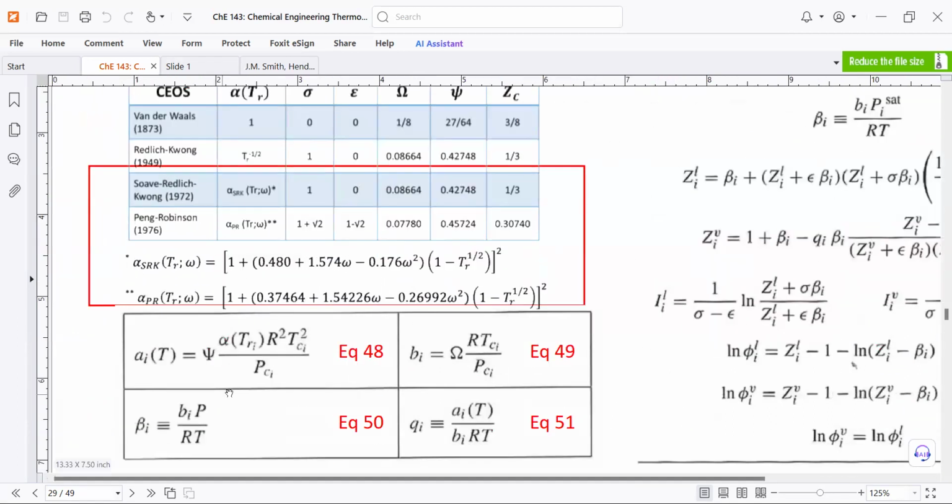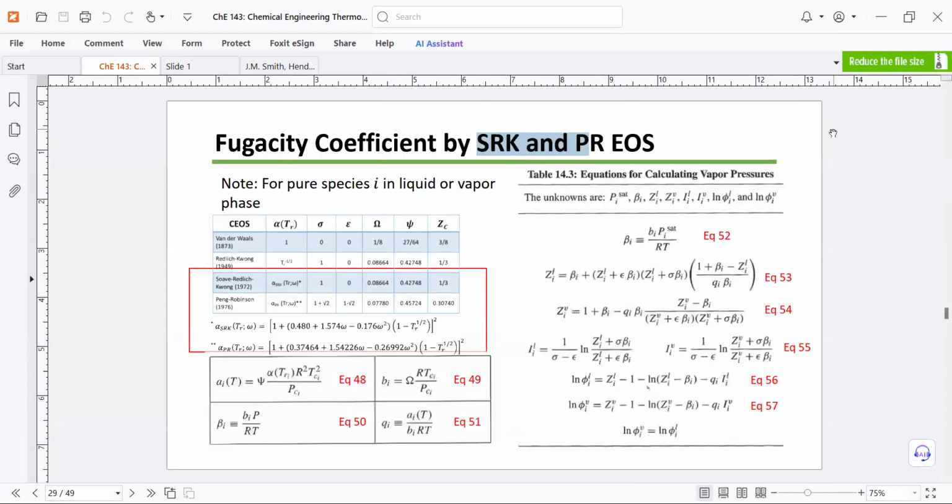And these are now the equations for A, B, and since A and B are inputs to beta and Q, these would be the inputs for beta and Q. Okay, take note for now. So we need to calculate for both the liquid and vapor, and we need to calculate for all the species.